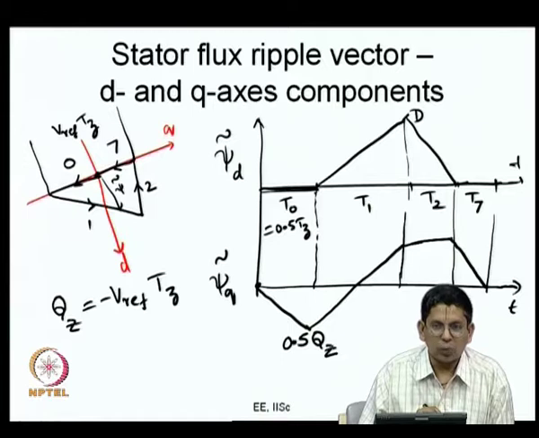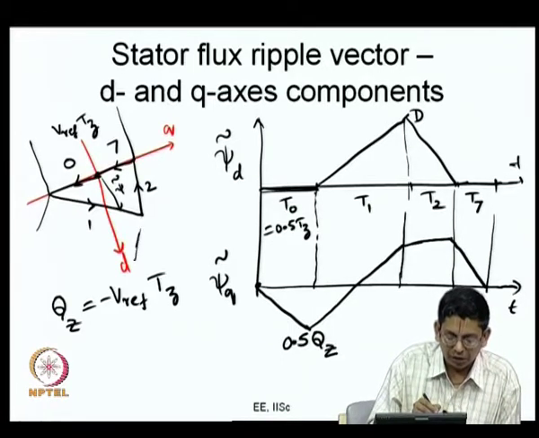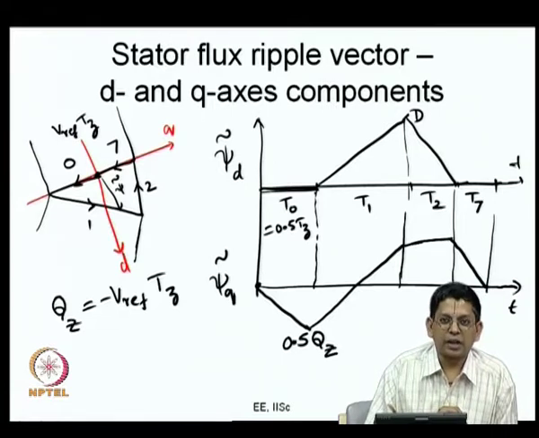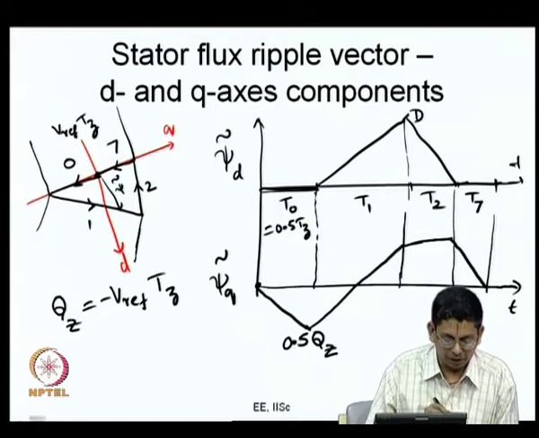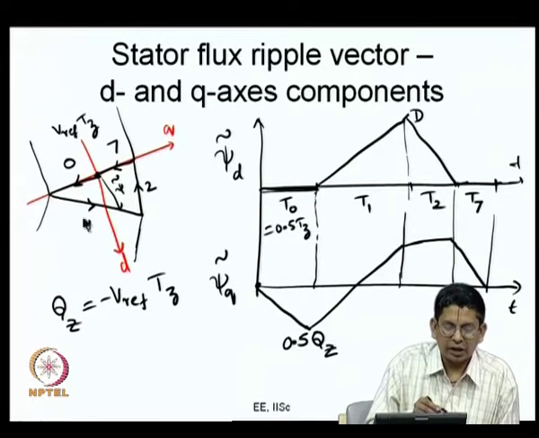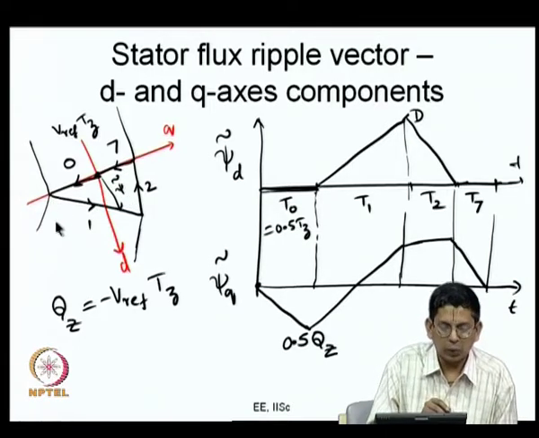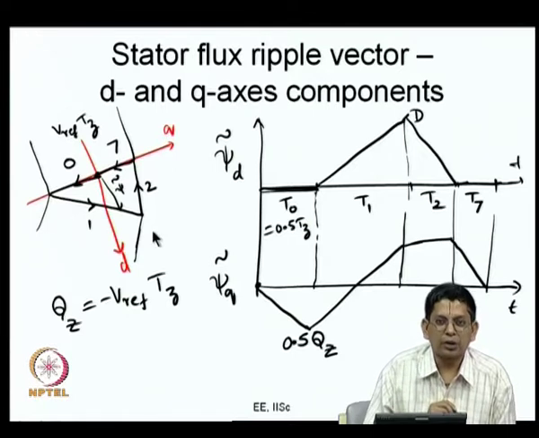Then you have the other quantity, which is the length of the other side of the triangle. What is the length of this side? This is again the error voltage vector. What is the error voltage vector corresponding to this side? It is V 1 vector minus V reference vector, multiplied by T 1, and that is the length of this particular side.